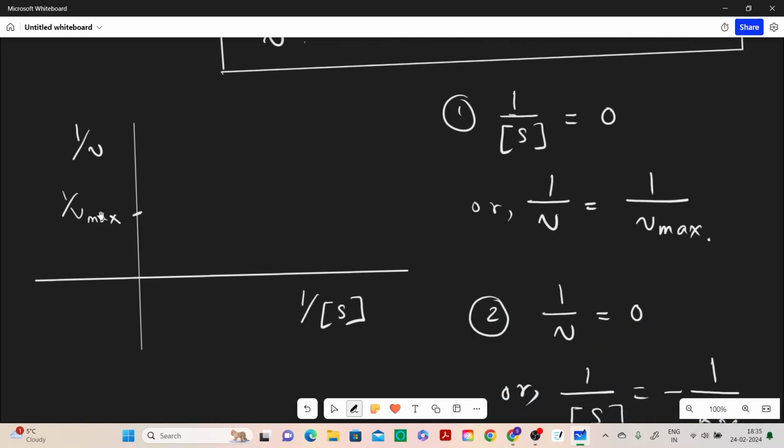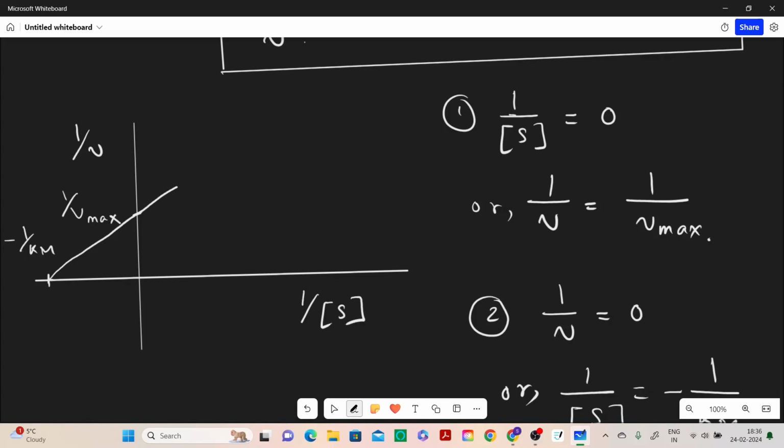Okay, so this is here, minus 1 by Km, and so we got the two intercepts.